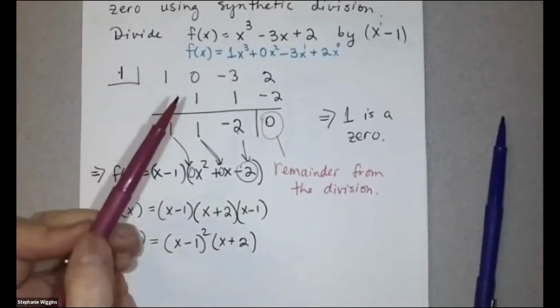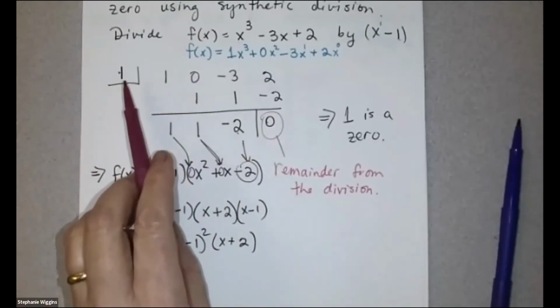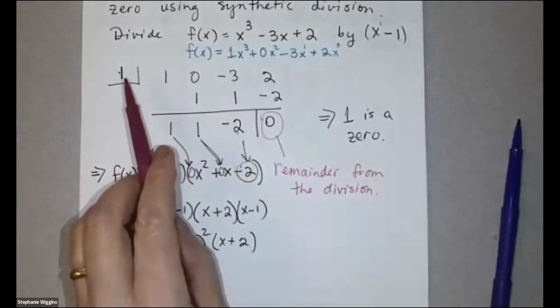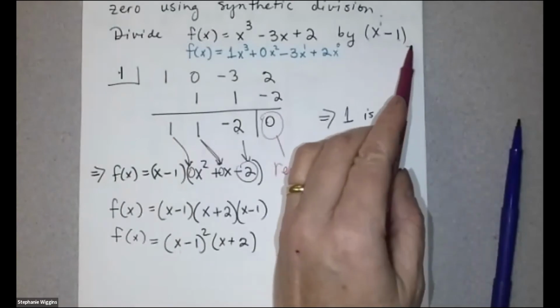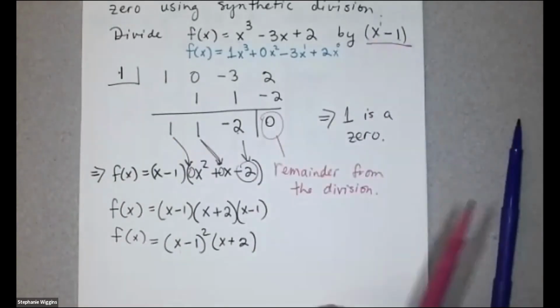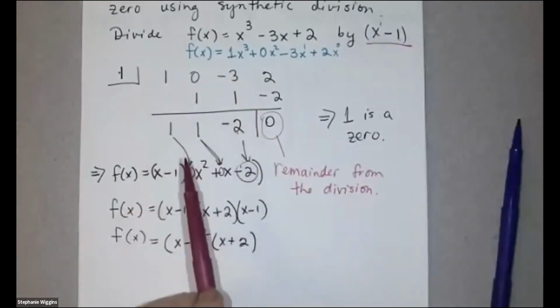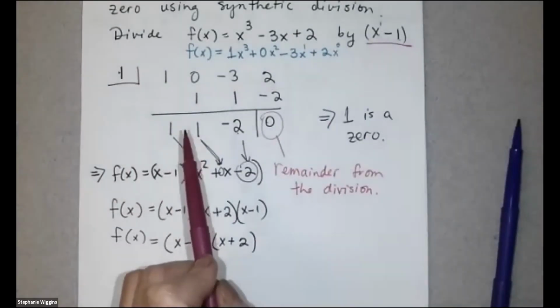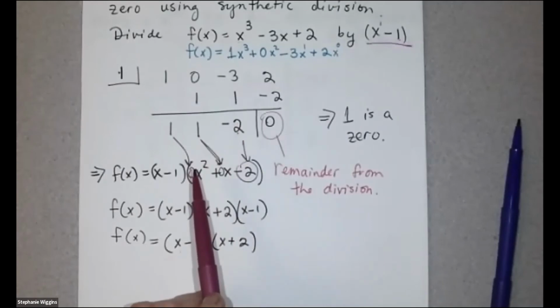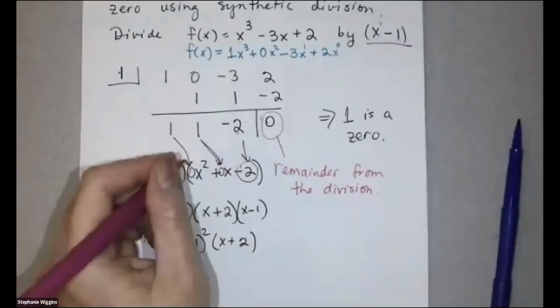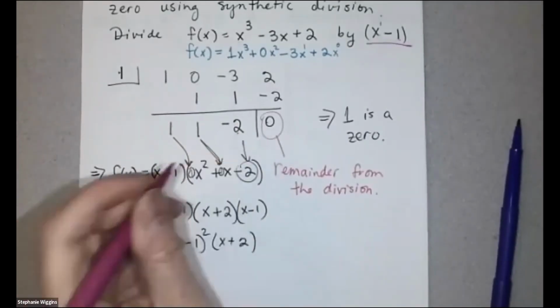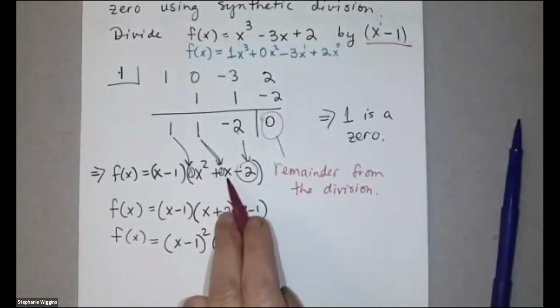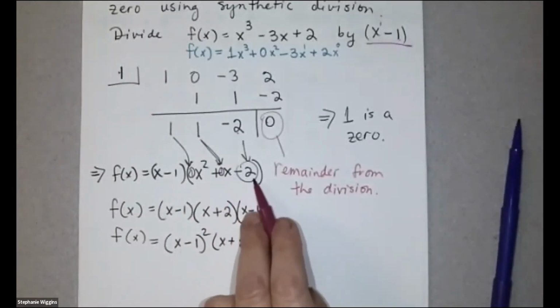And since we're talking about that right now, I found that when I use synthetic division, since this is a 1, I'm dividing by this factor. And what I got was, from this comes the x minus 1, and then these coefficients, so this is 1 times x squared plus 1 times x minus 2.